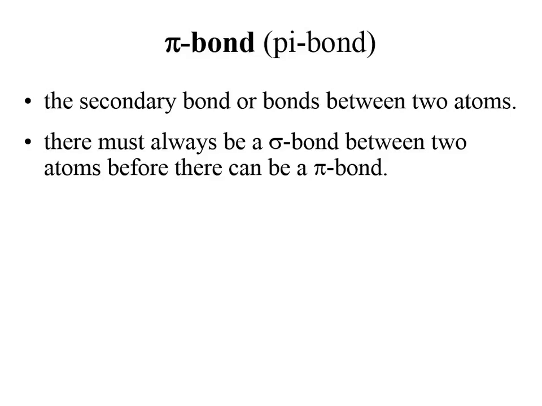I think, we should. So, but, of course, you probably heard of the Greek letter pi. Okay, there's the Greek letter pi. That's why I think a dessert is pi. So the pi bond is the second to arrive. And it's a secondary bond.